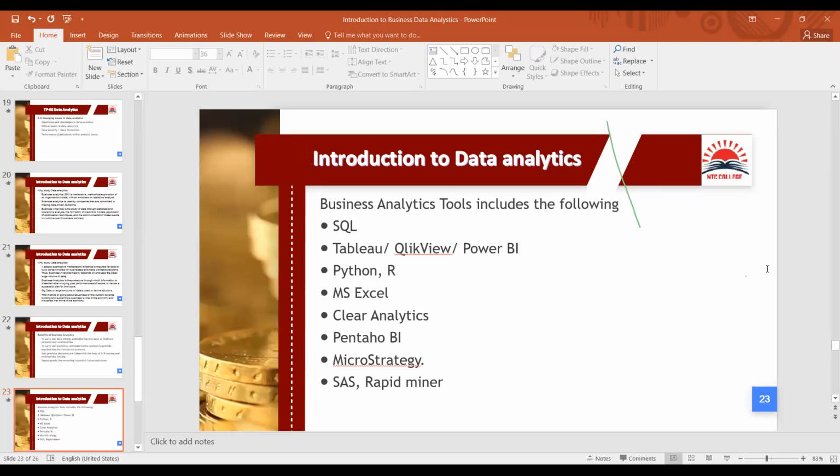And of course, as we take the course, we'll be categorizing them and how they are classified. One of the tools is Microsoft, that is MS SQL, QlikView, Power BI, Python, R, MS Excel, MicroStrategy, SAS, RapidMiner.